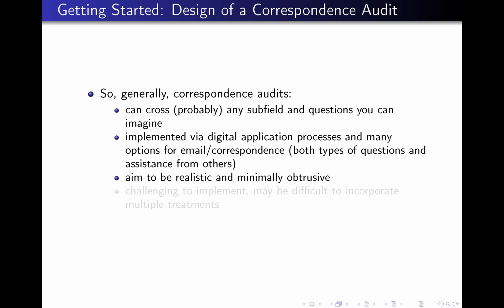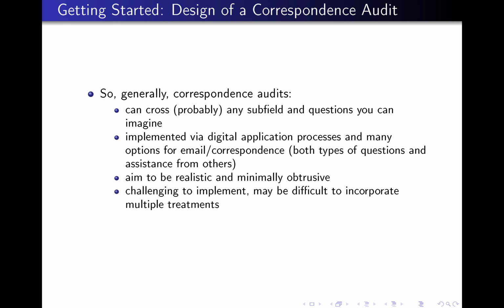You could send an email to anybody and ask anything, but you really want to do something that's actually mimicking a process that people are doing so that it has some meaning beyond just being a causal estimate of something. Does that mean anything if no one's doing that? And minimally obtrusive because obviously you are interfering in the real world. It takes people's time to respond to whatever you're asking them to do. And we'll come back to that when we talk about ethics.